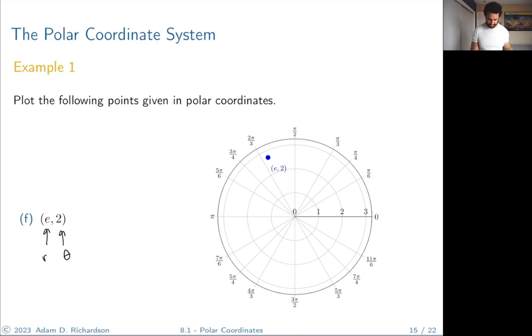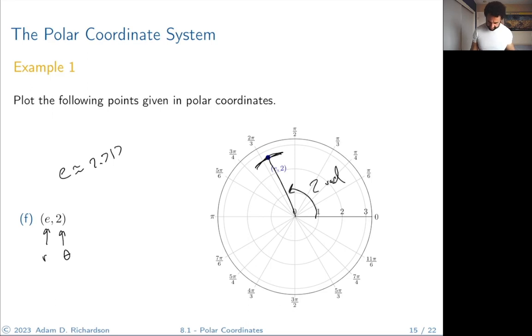So here we've got a circle of radius e. e is about 2.717. And our angle theta is 2 radians. So here's the radius of our circle. Notice that it's about 2.717. It's almost 3, but it's less than 3. And then 2 radians is this angle right here.